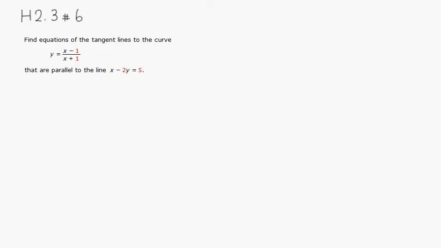First thing we will do is, we need to know the derivative because we're talking about the tangent line. So let's go ahead and take the derivative.